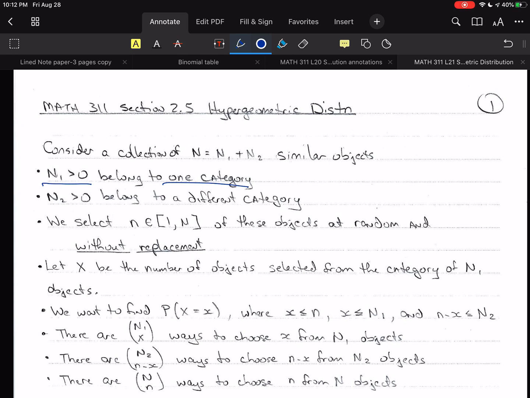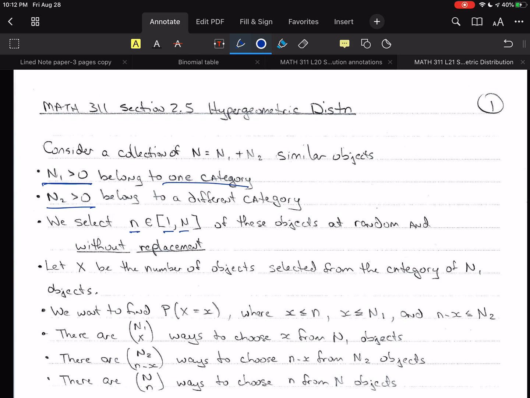N1 is the number of one type of object, and N2 is the number of the other type in the collection. We're going to select n items, anywhere from 1 up to N, at random and without replacement.